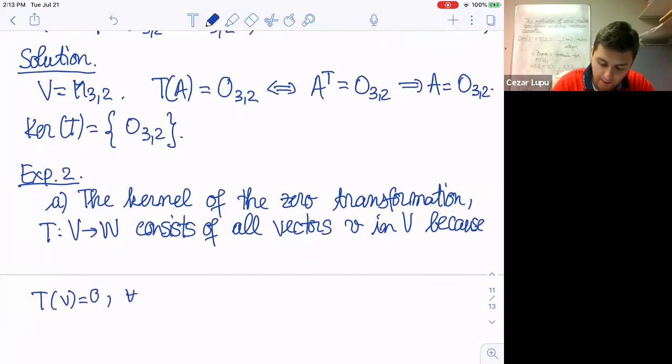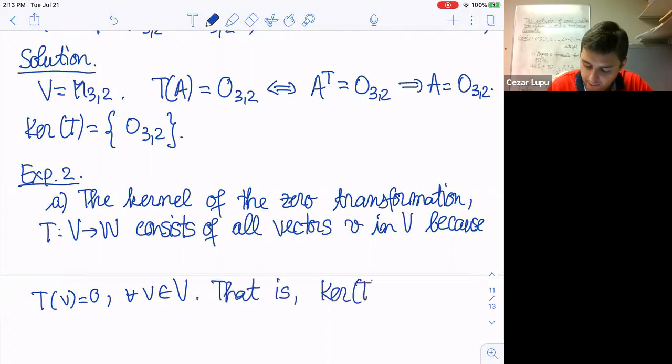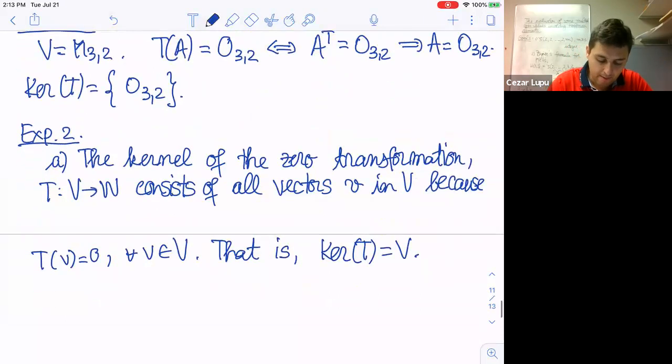For all V in V. And that is, the kernel of T will be the entire vector space because it's the 0 transformation. It already contains that. Okay.